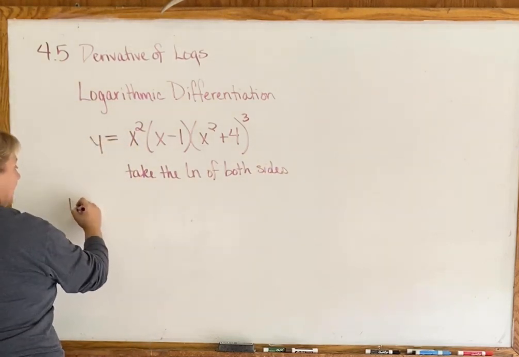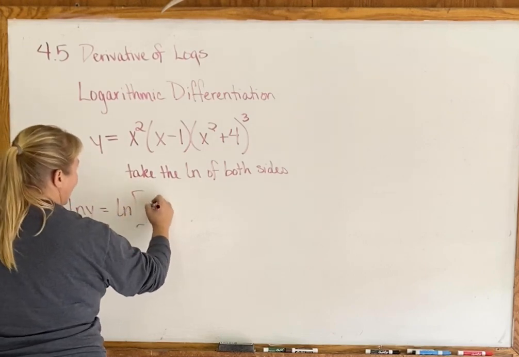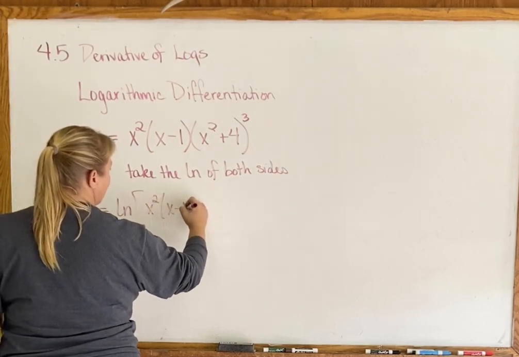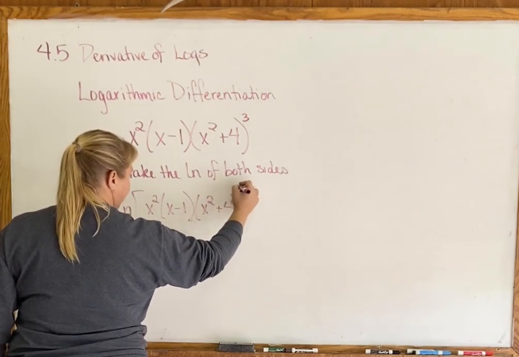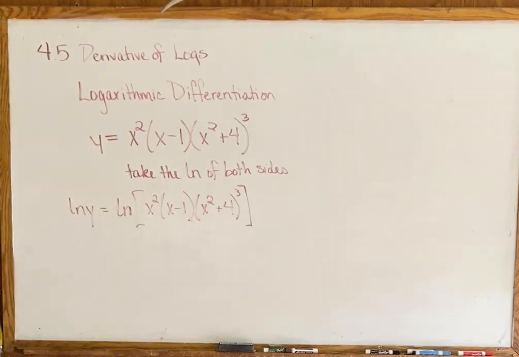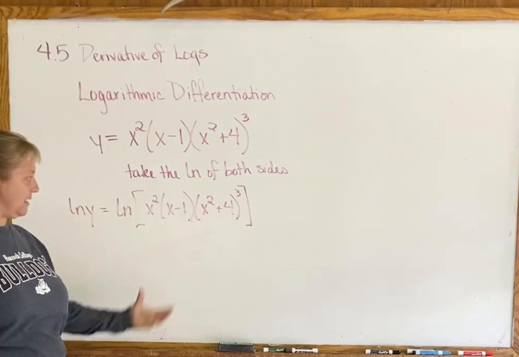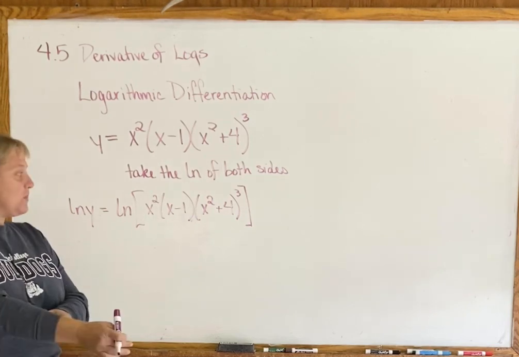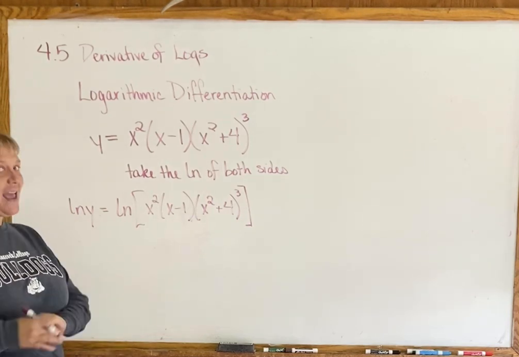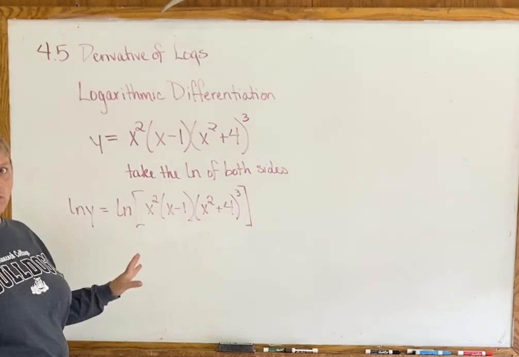We're going to write this as ln y equals ln of x squared times x minus 1 times x squared plus 4 cubed. Our reason for doing that is because those 3 things in this original function, can we now use log properties and split them up into 3 simple pieces and not have to deal with the product rule at all? You see where I'm going with this?